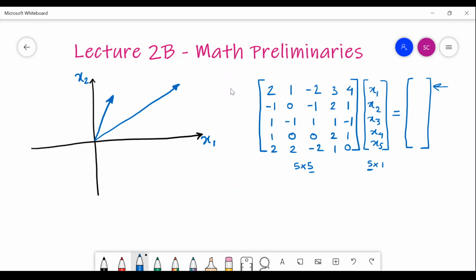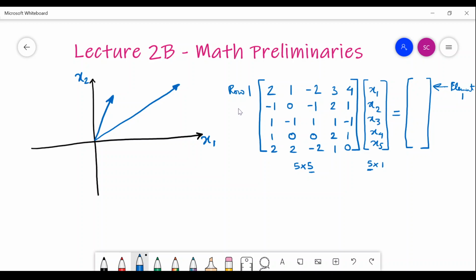So row 1 gives us the information of the scaling we need to do on the parent vector in order to get element 1, the first coordinate of the child vector.